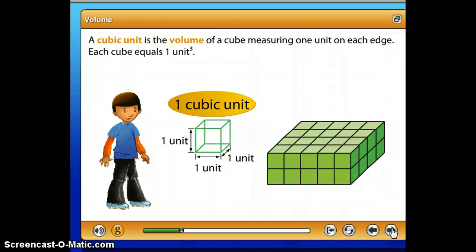What are some examples of what that cubic unit could be? If we replace the word unit, what could we replace it with? Corinne? A unit of measurement. So give me an example. Centimeters. So we could say that that is 1 cubic centimeter, right? What else?